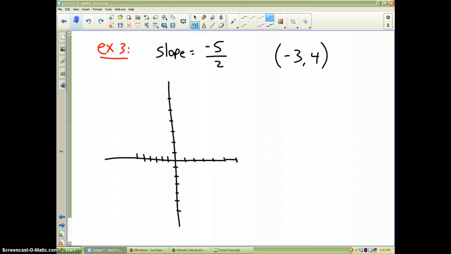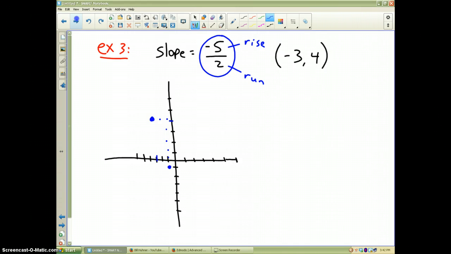All right, -3, 4 is up here. The slope is negative. Therefore, I go to the right 2, and then I'm going to go down 5. So I go over 1, 2, and then down 1, 2, 3, 4, 5, right to there.